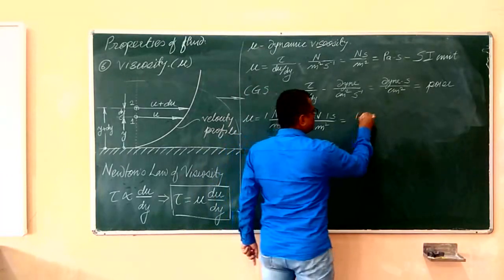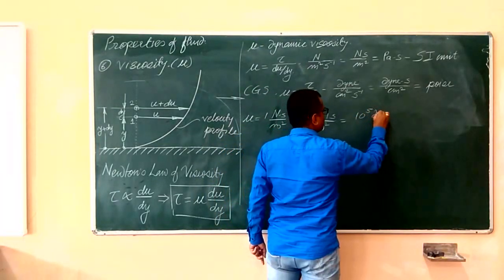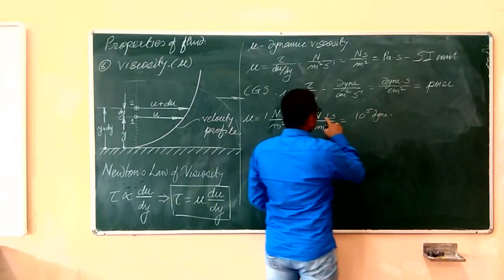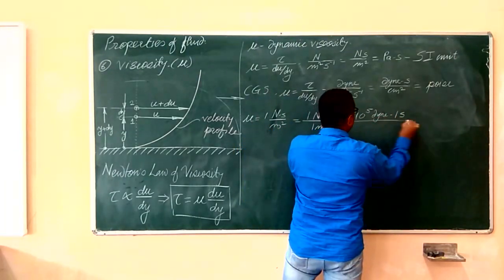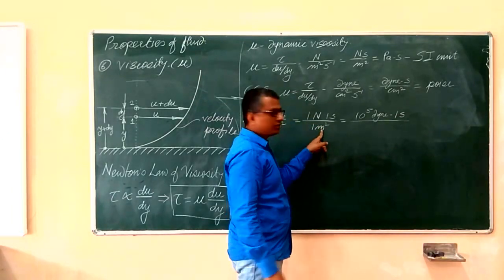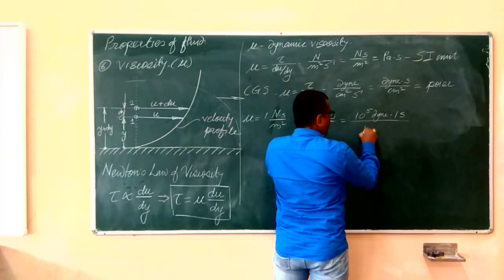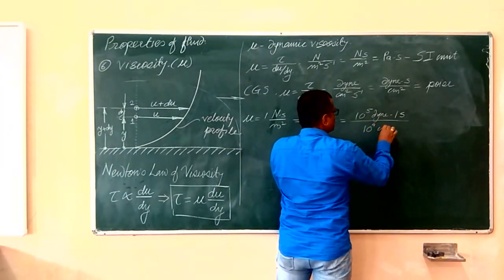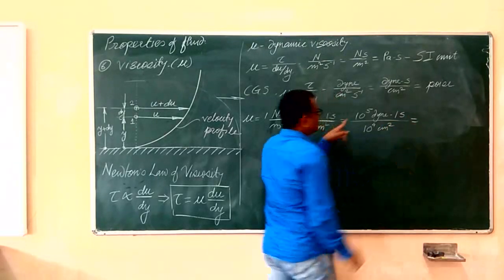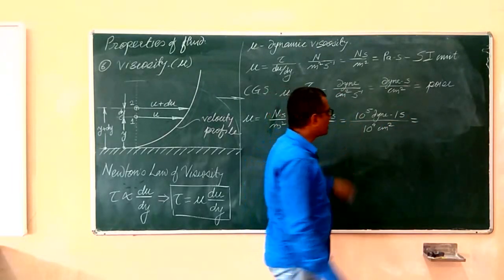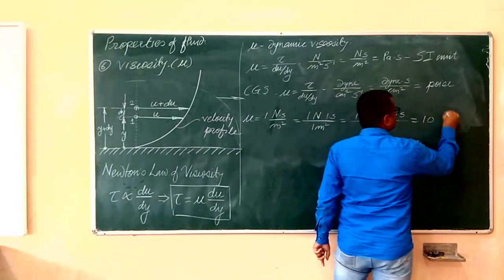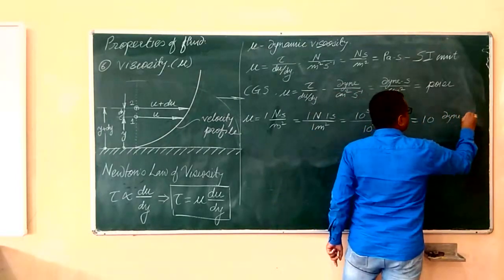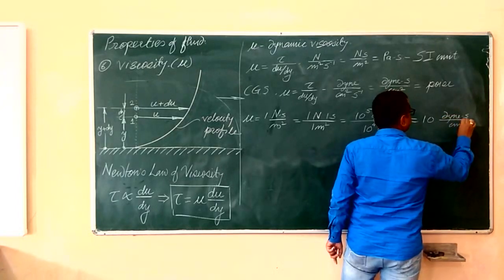It is 10 to the power 5 dyne in CGS, into 1 second in CGS, the same 1 second, divided by 1 meter square in CGS. How will you write it? 10 to the power 4 centimeter square. So we get 10 to the power 5 divided by 10 to the power 4, that will be 10, and 10 dyne second per centimeter square.